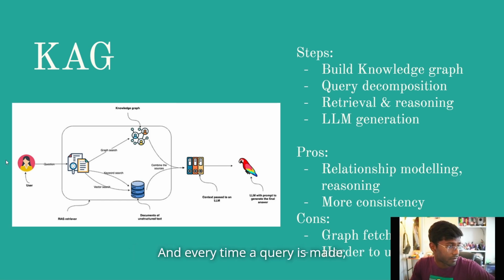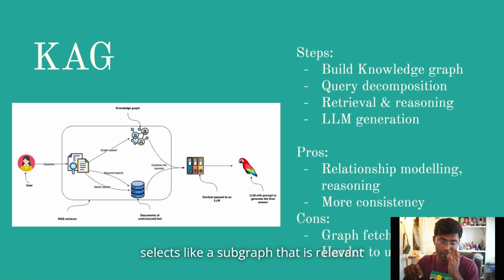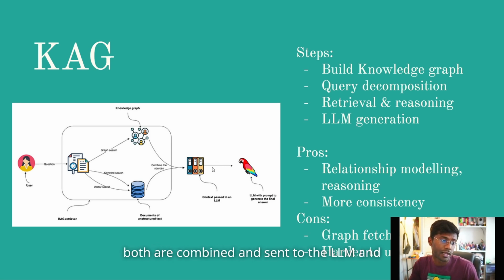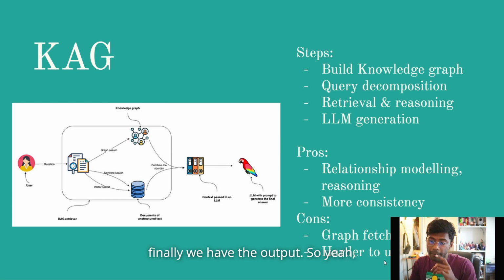And every time a query is made, there's a vector search on these documents as well as a graph search. It selects a subgraph that is relevant to the particular query, and then these both are combined and sent to the LLM, and finally we have the output.